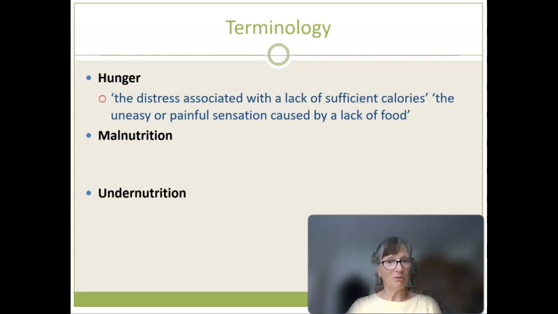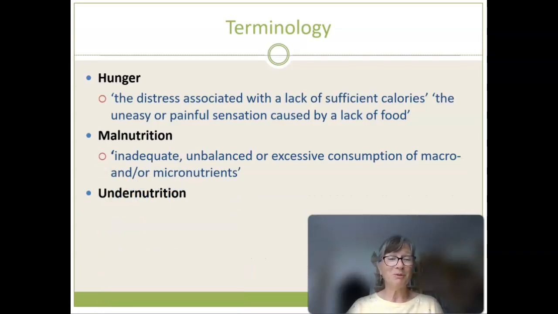But for a lot of people in the world, of course, this is a much more severe issue, and therefore it becomes a distressing situation associated with a lack of sufficient energy, calories. So for you and me, it might mean I'm really hungry, but for many people in the world, and including in the UK, it might be literally that painful sensation caused by a lack of food. So much more severe than most of us experience.